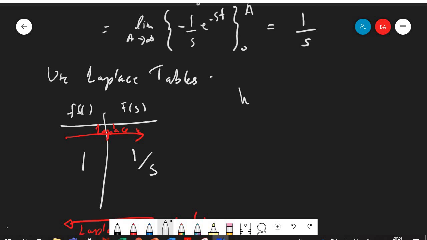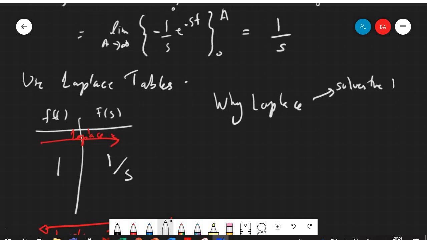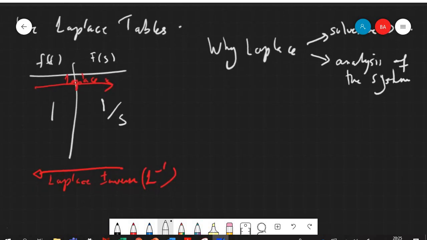So why Laplace? We use Laplace because it solves the differential equation, and it actually helps us in the analysis of the system. You're going to see the analysis of the system and the beauty of it later when we go into depth in this course.